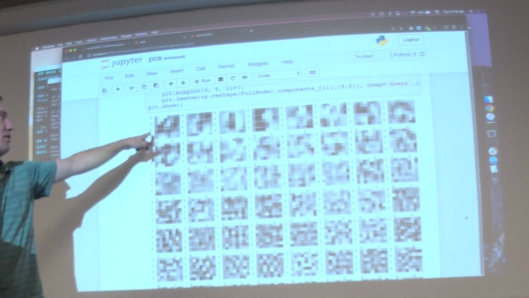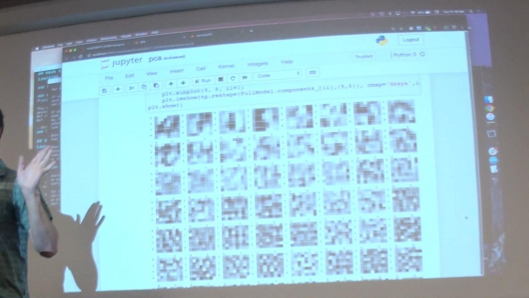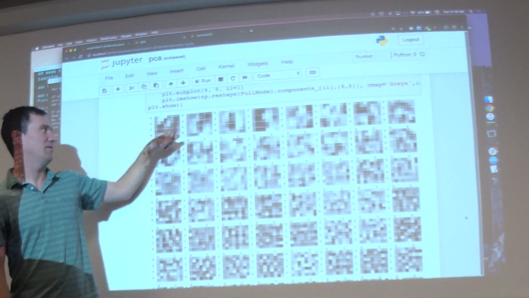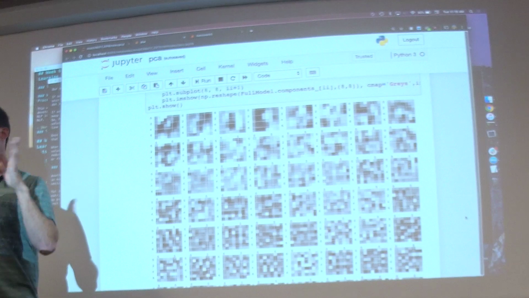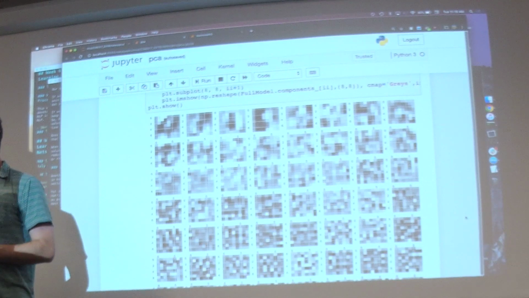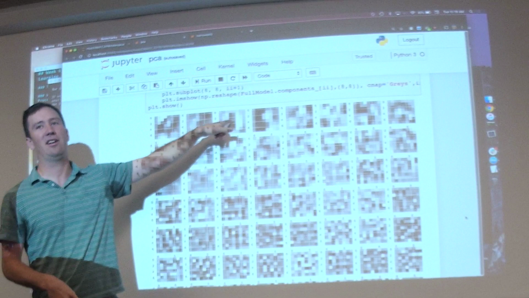Here we found the direction with the most variation, and then this one is perpendicular to this somehow. I can't think in 64 dimensions, but it's perpendicular, and it has the next most variation, and this has the next most variation, and so on.